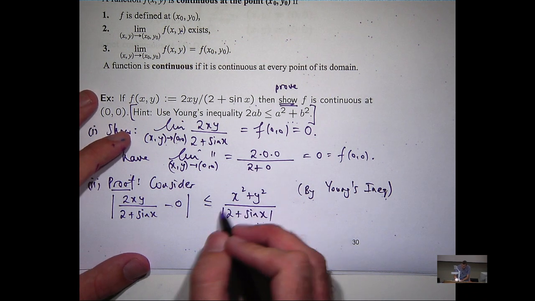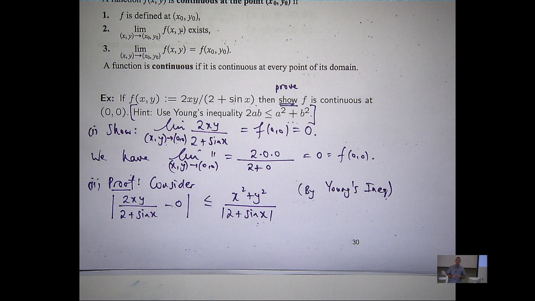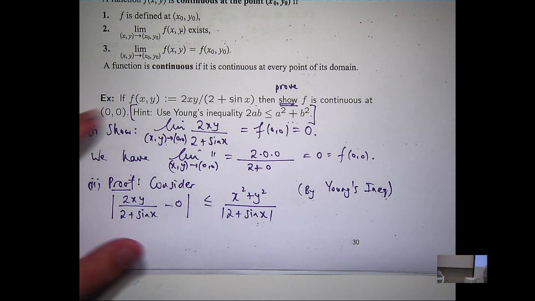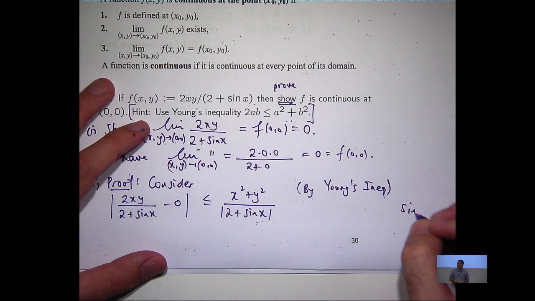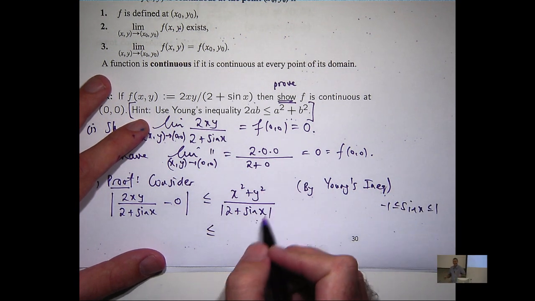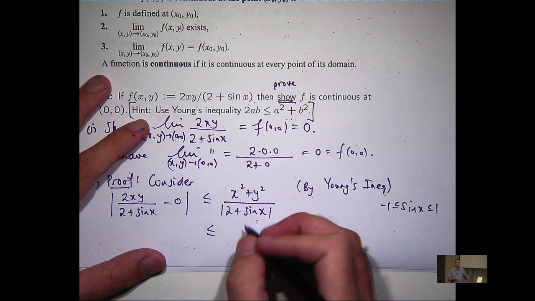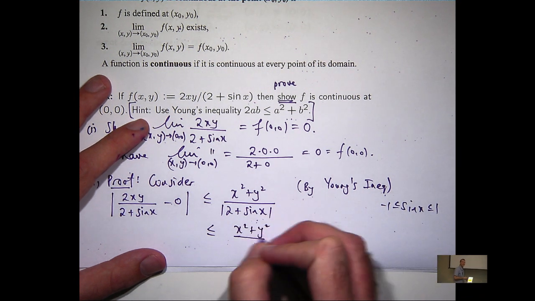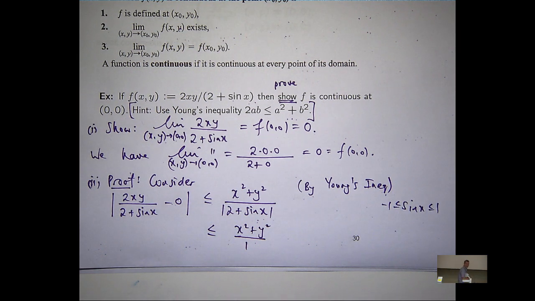Now, what about the bottom? Well, sine x is between -1 and 1. So 2 plus sine x, that's going to be between 1 and 3, right? So what I can do is again use the little inequality.